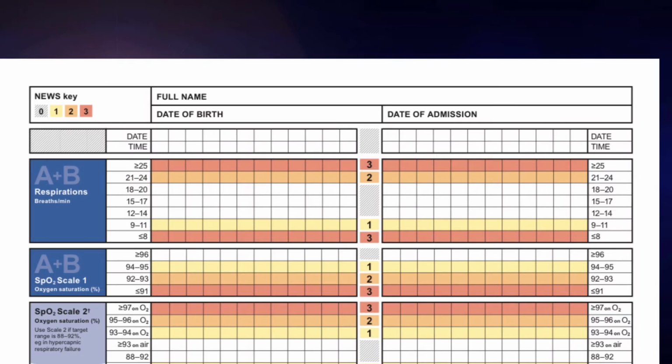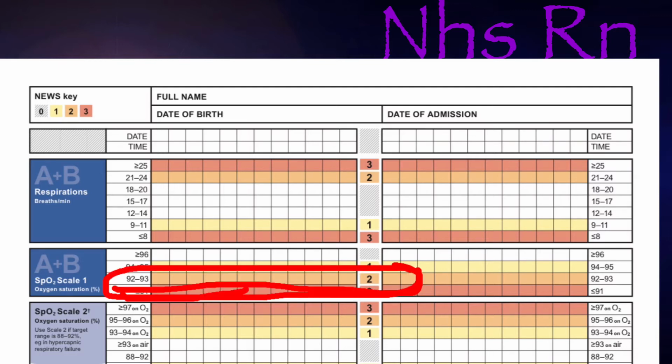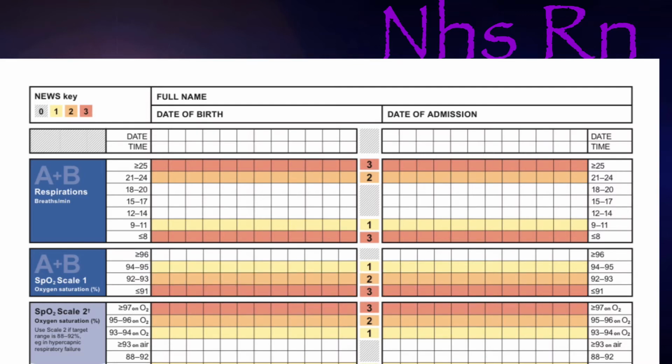If the respiration rate is in the range of 9 to 11, it goes to NEWS of 1. Okay, if 8 or less, the patient goes to a NEWS score of 3. That is the respiratory rate NEWS score. Okay, I hope you understand.